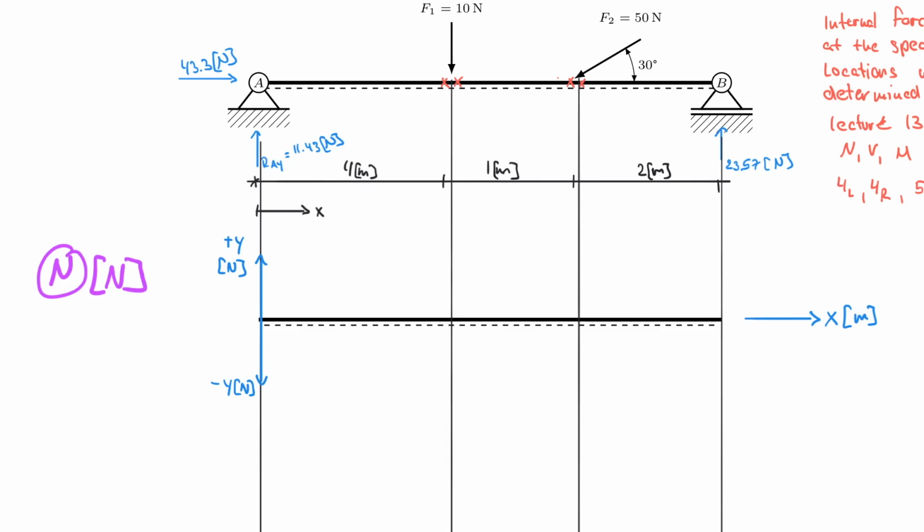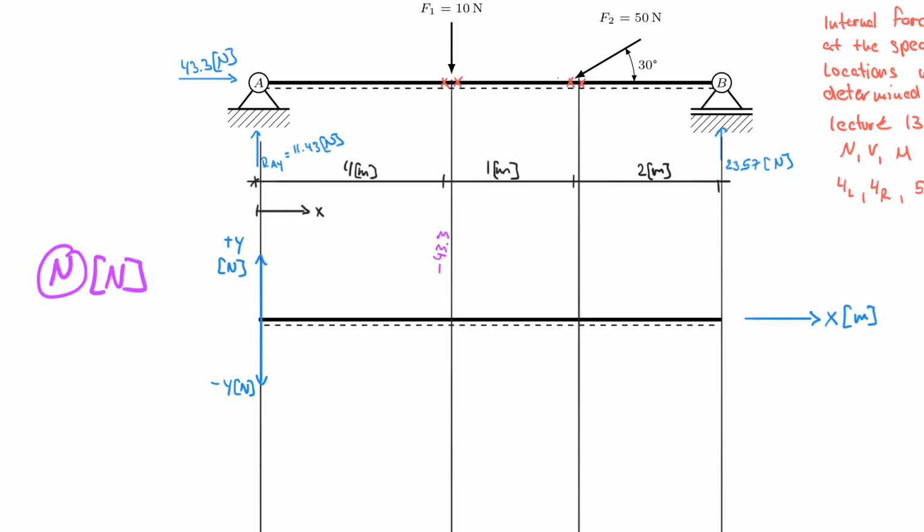And the way I prefer to do this is I'm going to go on my vertical lines now, and remember that the value that I calculated at this location to the left of this vertical line was, if I'm not mistaken, negative, and the negative is very important obviously, 43.3 Newton. And the next value that we determined is on the opposite end of that line.